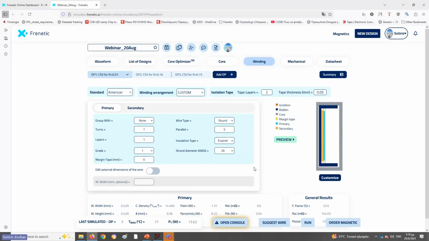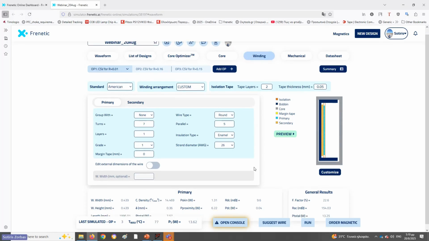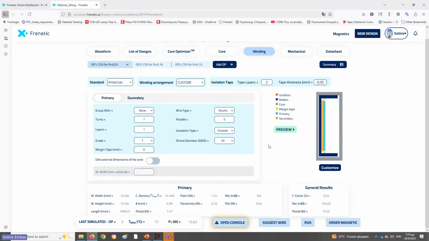The duty cycle is pulsing for 200 milliseconds and it turns off for 3 seconds. So even though we have high losses, we don't care that much because the effective duty cycle is going to bring those losses from 13 watts or 15 watts down to close to 1 watt, essentially. So we don't care about the temperature issues.